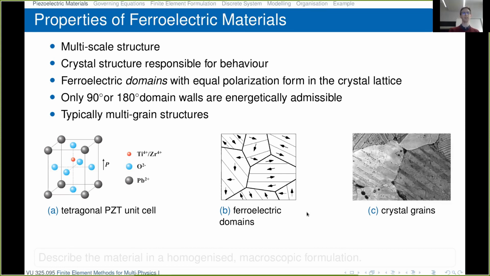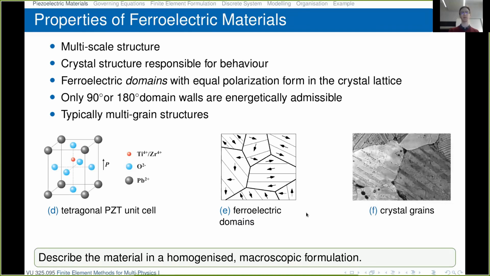So you can see this structure is rather complicated, and if we want to model devices in engineering sizes, we need a sort of homogenized macroscopic formulation for this material behavior, since otherwise we would have to resolve this fine grain behavior back to the unit cell of the crystal, which is computationally, of course, not feasible. So we'll aim for a macroscopic formulation.